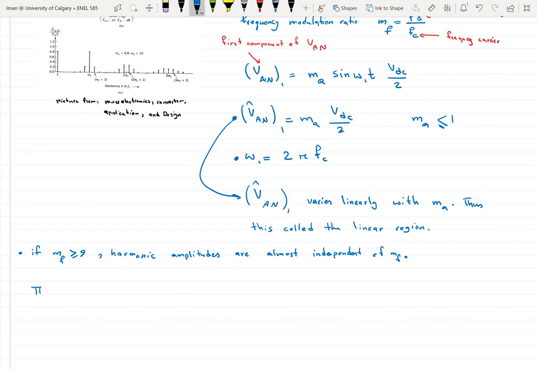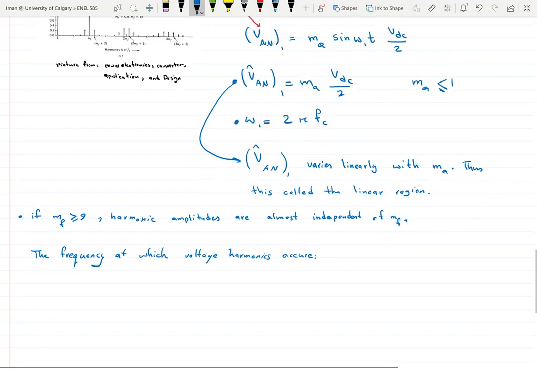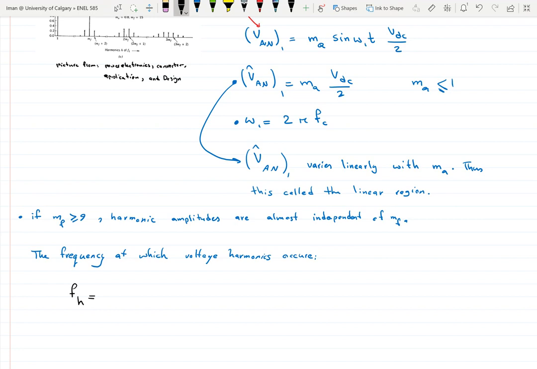We can say that the frequency at which voltage harmonics occur is f of h equals (j MF plus k) multiplied by FC, right?